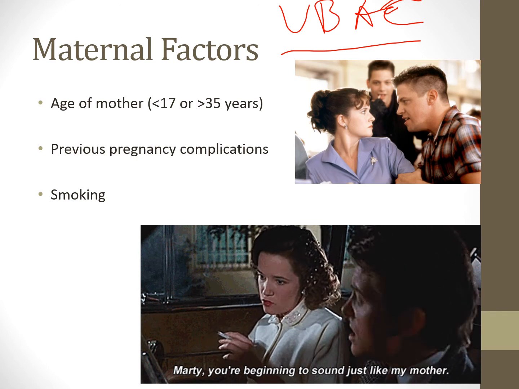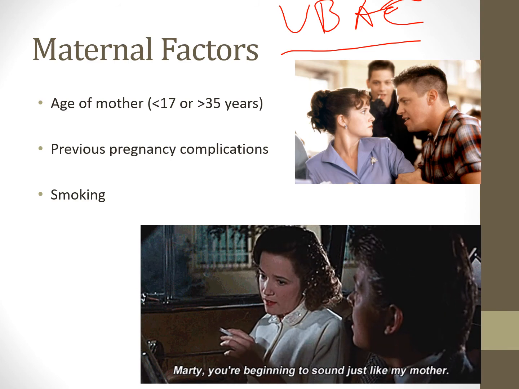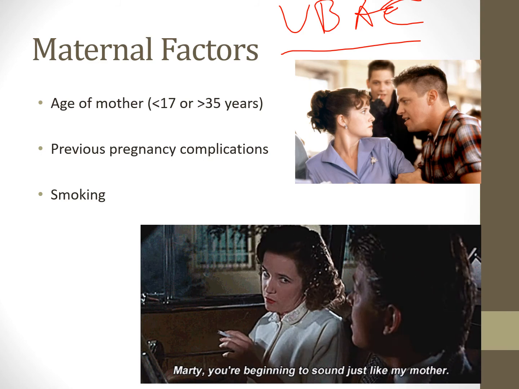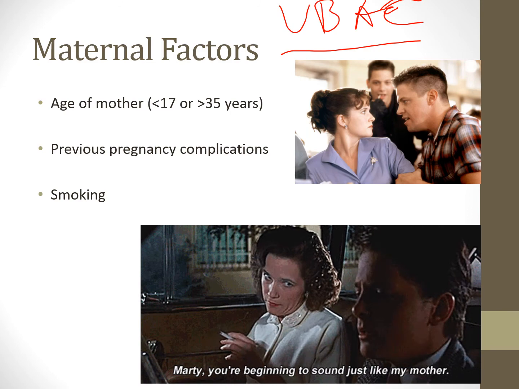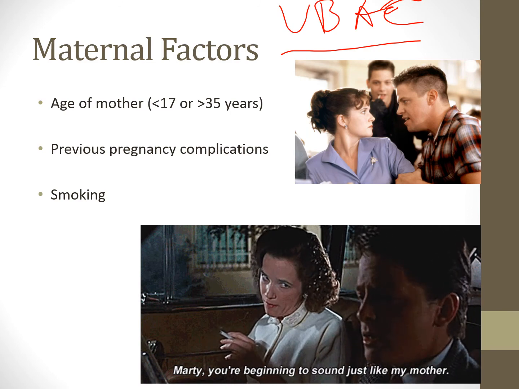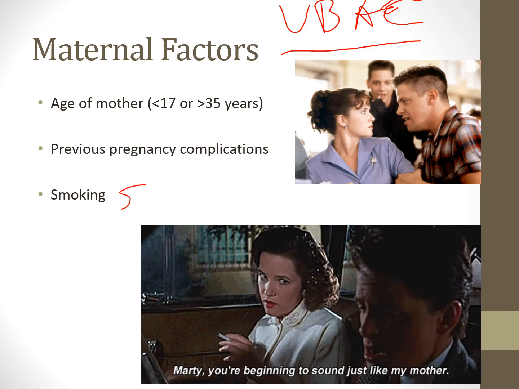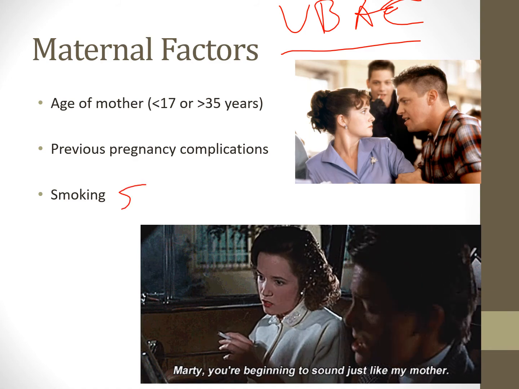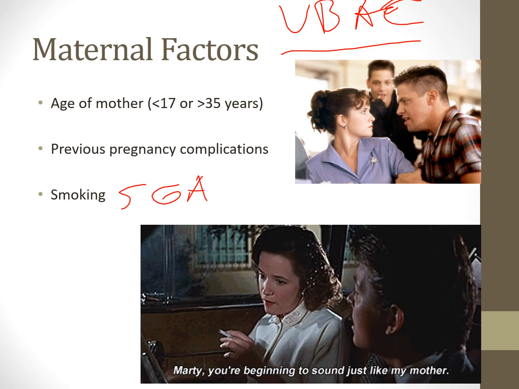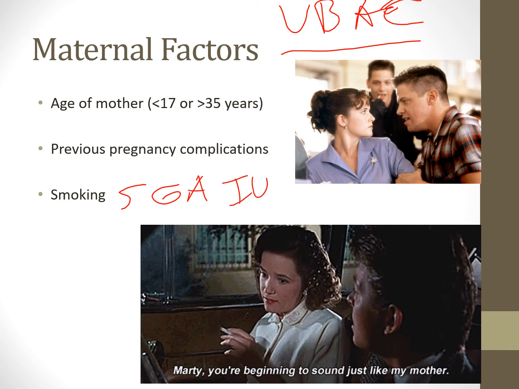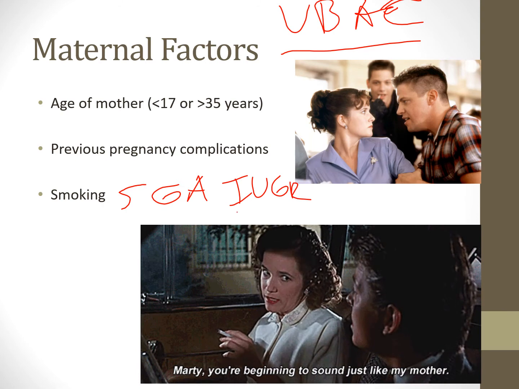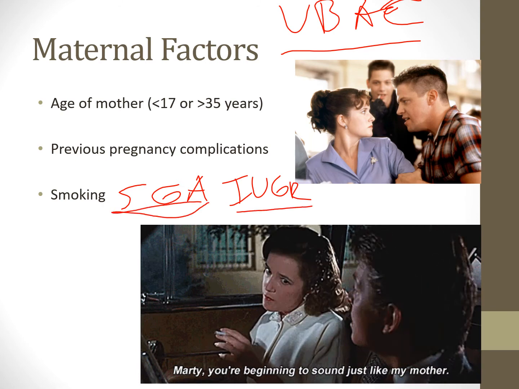So if the mom's a previous smoker, obviously smoking has been linked to SGA babies. SGA is small for gestational age, and they're also usually IUGR as well. So intrauterine growth restriction causes them to be small for gestational age.